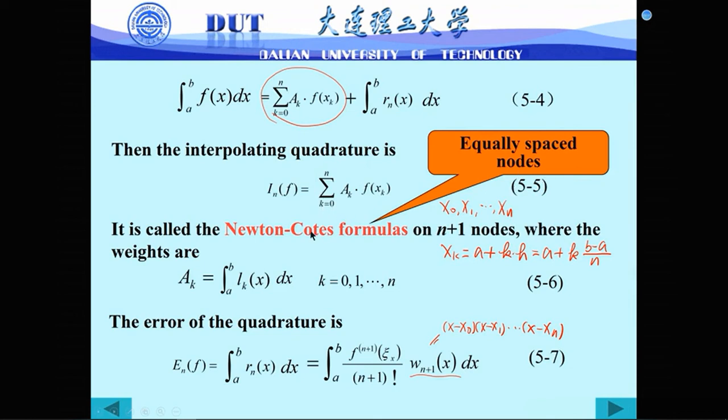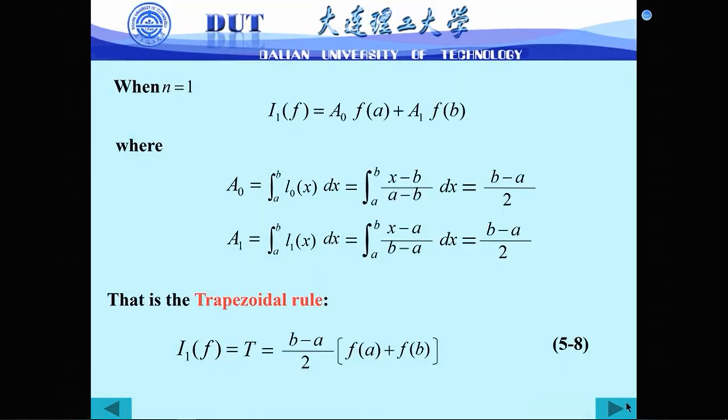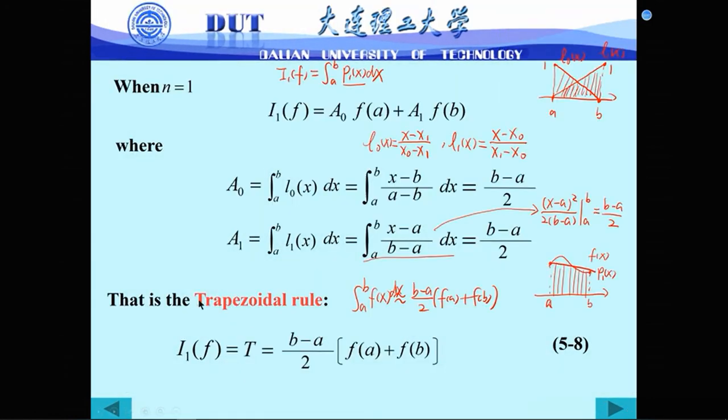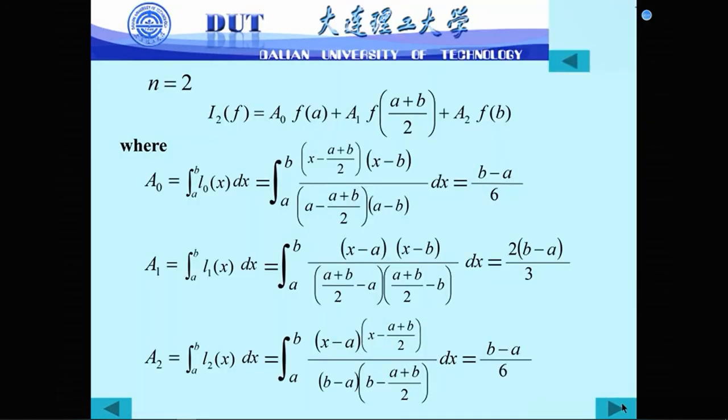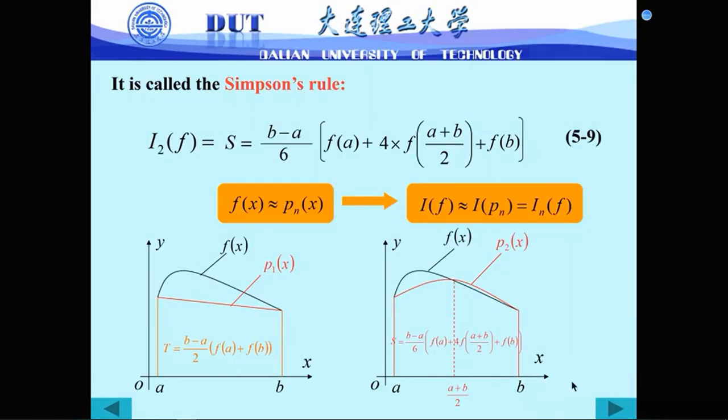Okay? So we also show you at least several famous or popular formulas. First is the trapezoidal rule, right? You should remember (b minus a) over 2 multiply f(a) plus f(b). Okay? And next, I show you the Simpson's rule, very famous rule, (b minus a) over 6, 1 4 1. Clear? 1 4 1. 2 endpoints and middle point.